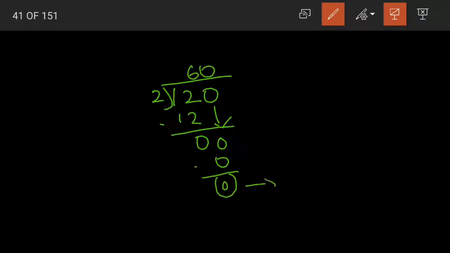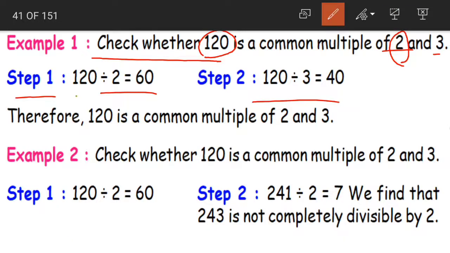When we subtract, 0 is remaining. That means 2 is a factor of 120, and 120 is a multiple of 2. So 120 divided by 2 is equal to 60, that is our quotient. Next, step 2. Now divide 120 by 3.